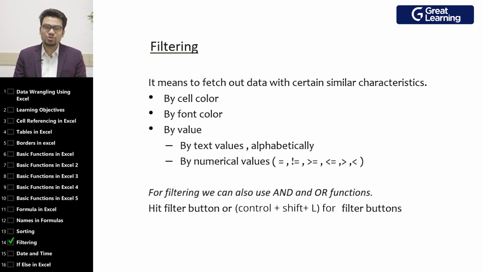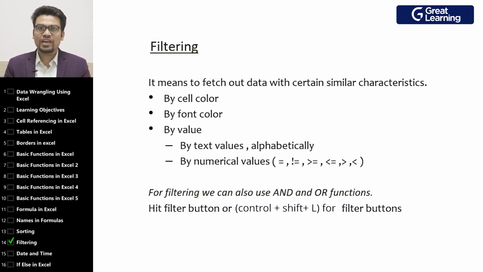For that you could use filtering. When you apply a filter to this particular column, you'll be able to see only the values having number of years of experience greater than 10. Other values which do not satisfy this condition would not be shown to you, they would be hidden. So this is how filtering works.